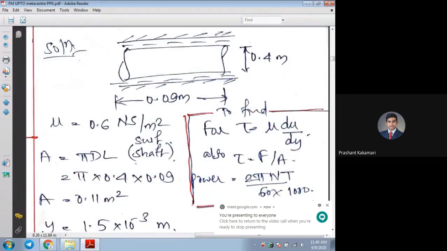So the power we are finding by 2 pi NT by 60 is in watts. If I divide that watts by 1000, it will be kilowatts. Always we talk about power in kilowatts. So to convert it into kilowatts, I am dividing by 1000. Or you can leave it as it is, 2 pi NT by 60, and write in watts also. Both are the same.